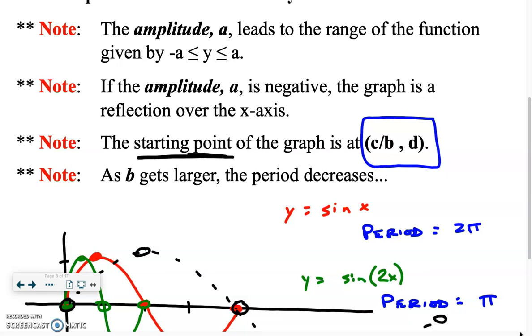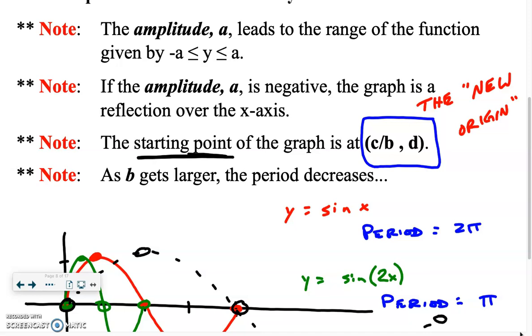I know that we haven't actually done that yet, but again, that's going to be the starting point for the frame. Another way that we could call this, and I would encourage you to write this down, is the new origin. That's what the starting point really is. We're taking the origin, which obviously is at 0, 0, and we're going to move that to be at c over b comma d.